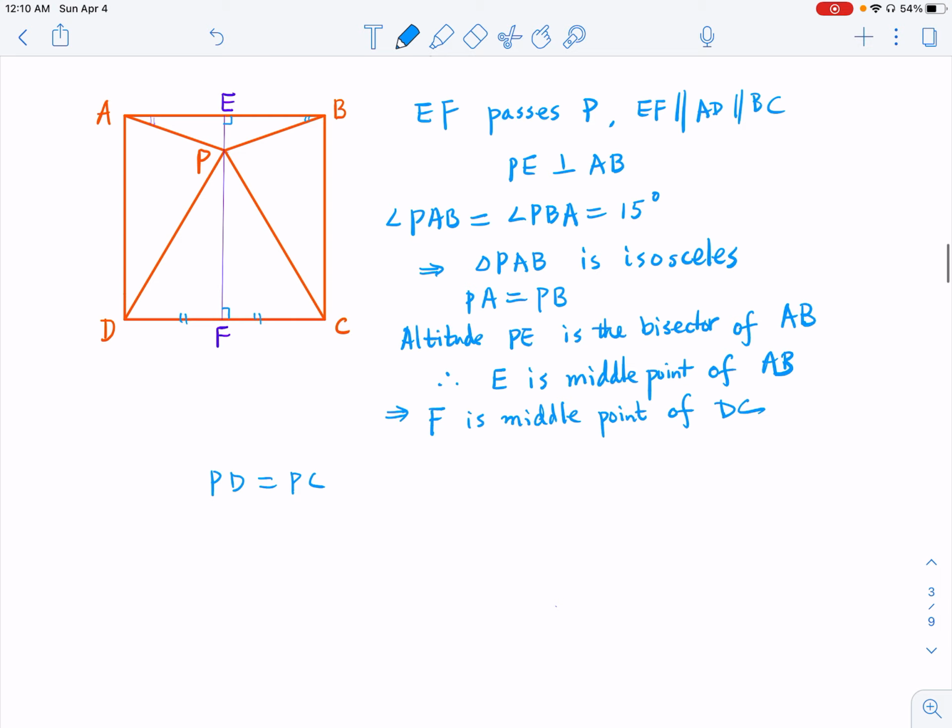Any point on a perpendicular bisector of a segment is equidistant from the endpoints.